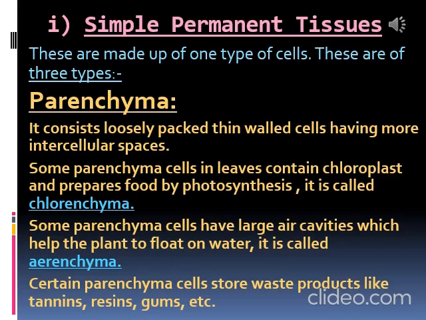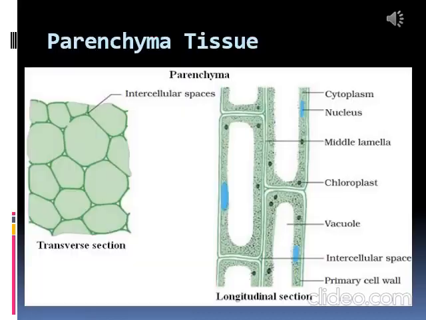Now certain parenchyma cells store waste products like tannins, resins, gums, etc. In that case these simply help in the function of storing these substances for the plants. See the structure of parenchyma tissue. All the cells are oval, spherical or polygonal in outline.